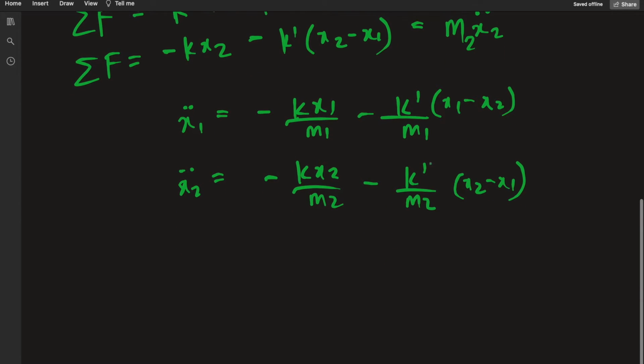Now I would like to represent them in a matrix form, just for convenience, because we have two equations. Let's write them in a matrix.